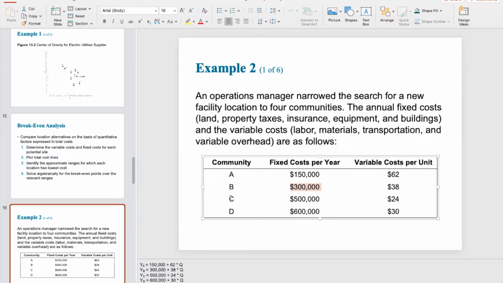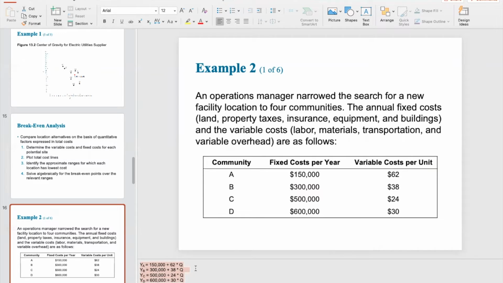You can repeat this process for community C and community D in order to get the corresponding total annual cost. If I try to summarize the basic relationship between the order quantity and the corresponding total annual cost of building the factory within community A, B, C, or D, I list the corresponding functions here.